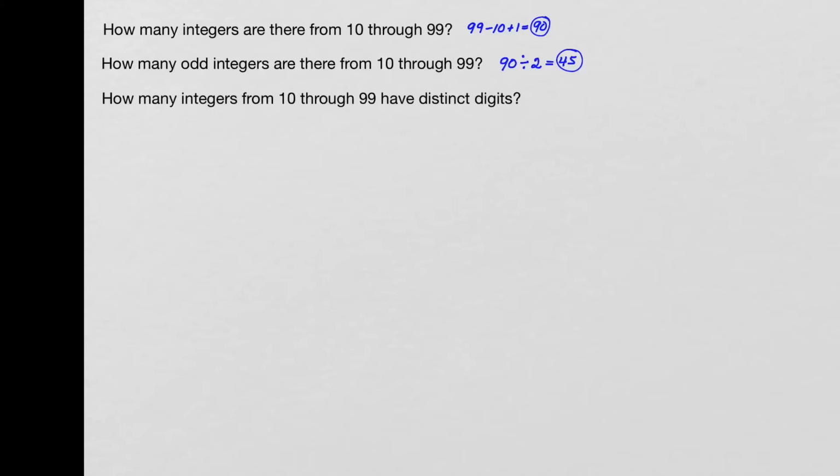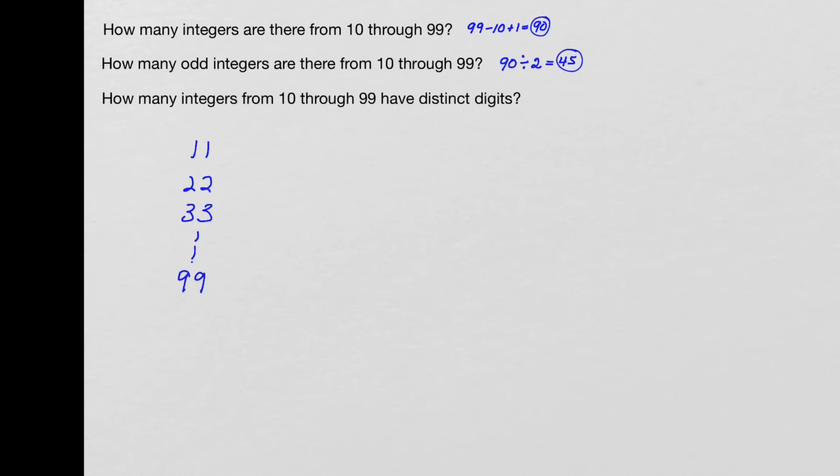Now we want to know how many integers from 10 through 99 have distinct digits. So before we were looking at odd, now we're back to just regular integers, and we want to know how many of them have distinct digits. So we want to eliminate 11, 22, 33, and so on through 99.